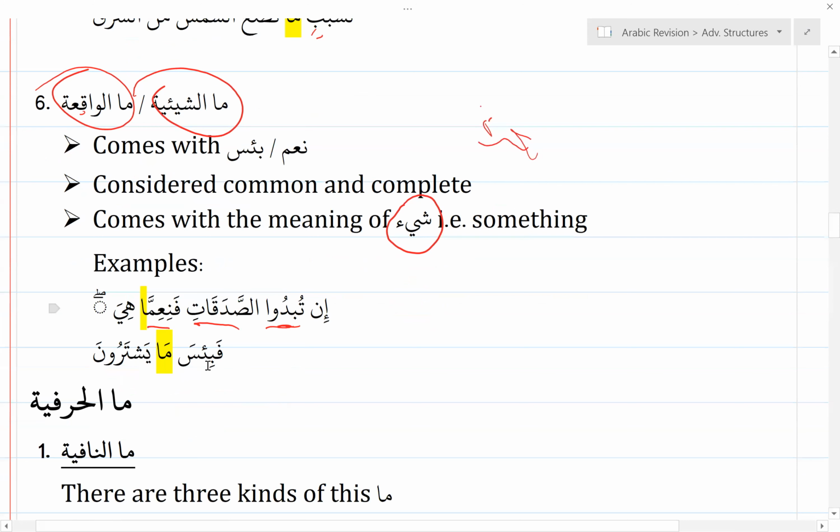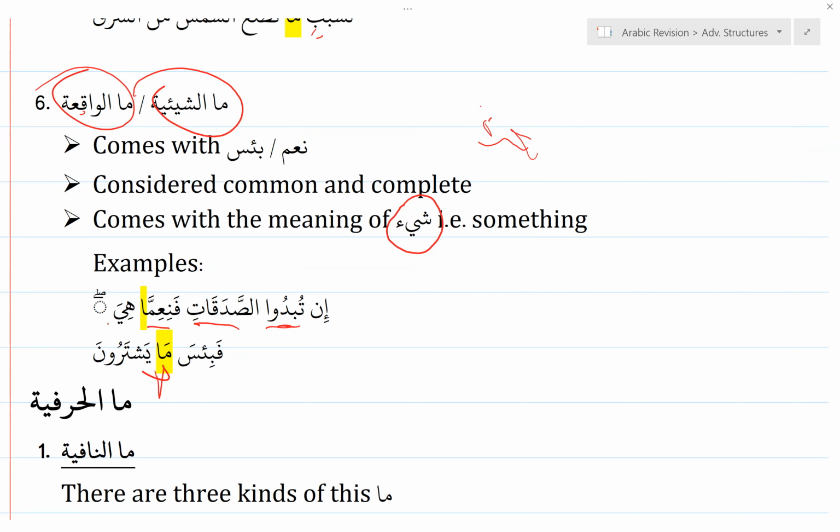So you see it's slightly different. Normally, if it comes with ta'jubiyah, it would be like, how amazing, how incredible. But in this case, we're not going in that direction. We're not saying how amazing it is. We're saying how evil the thing they are buying. That's why some mufassir, some grammarians would say that this is actually ma mawsula, because it translates the same way as a ma mawsula.